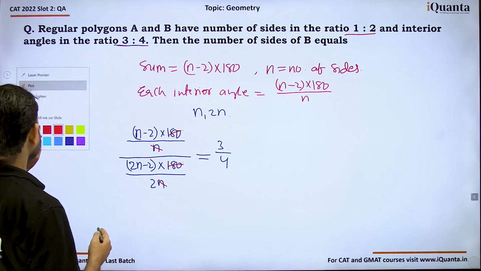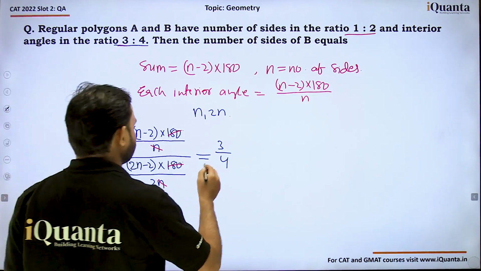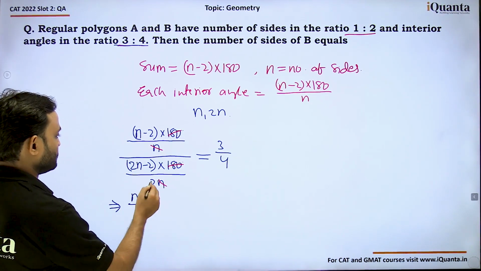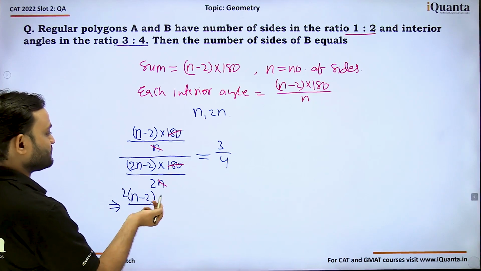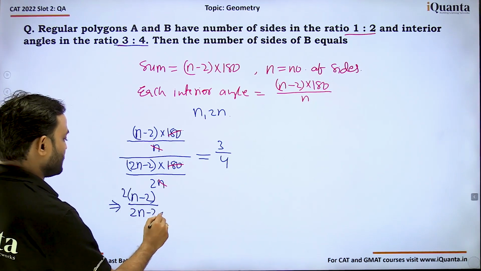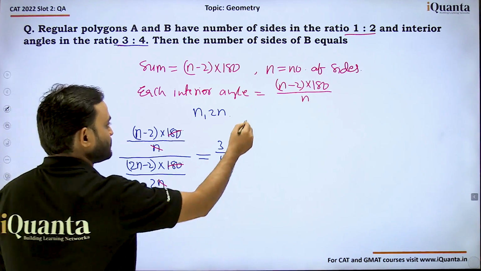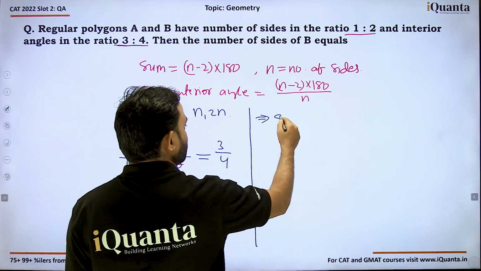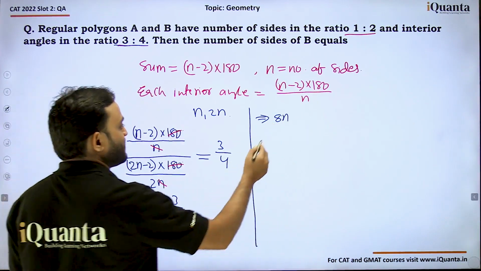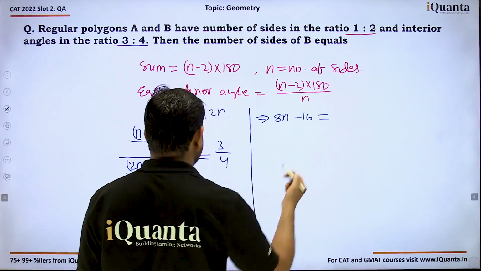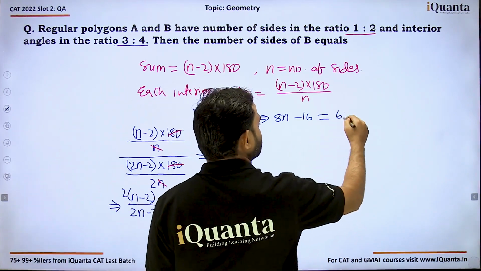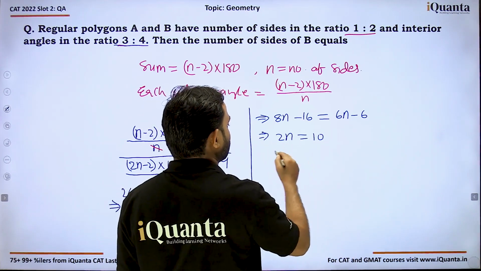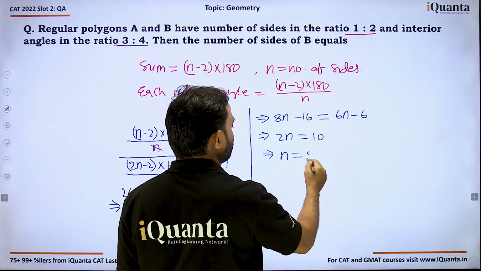We get (n minus 2) upon (2n minus 2) times 2 is equal to 3/4. Or we can say 4 into 2n, it will be 8n minus 16 is equal to 6n minus 6. Or we can say 2n will be equal to 10, or n is equal to 5.